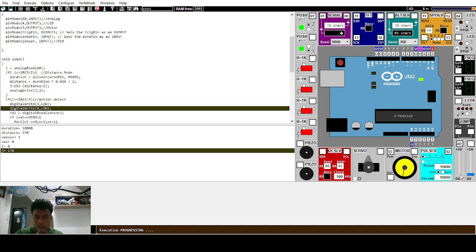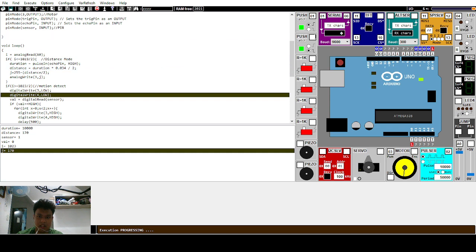So we go on to the PIR motion sensor. And as you can see, there is no motion detected, because the sensor is detecting no signal, but for example, if we detect a signal, it will buzz, buzz, buzz.